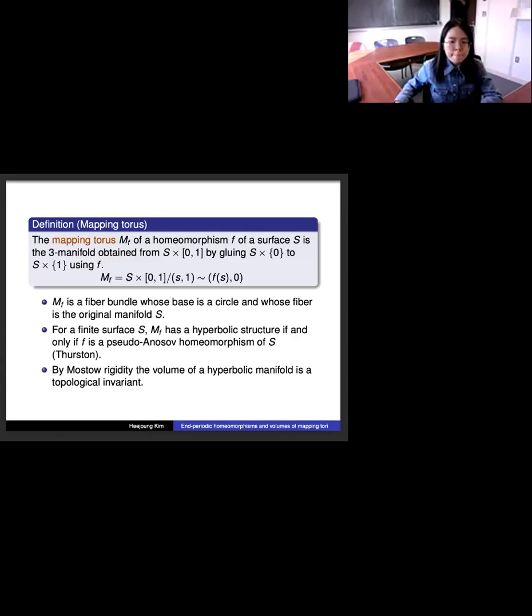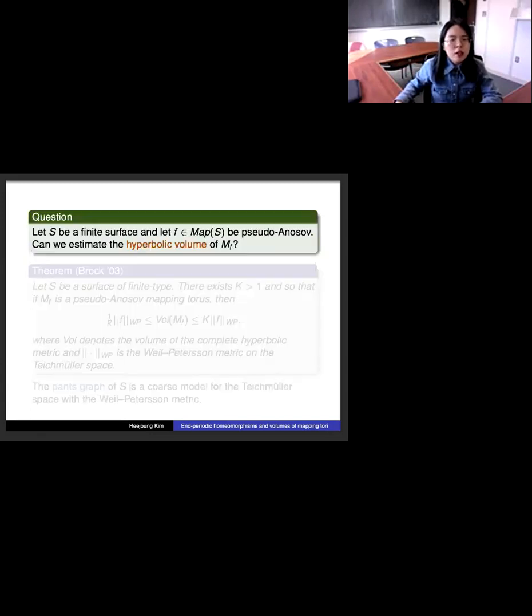So we defined a mapping torus. Then one might ask, for a finite type surface and a pseudo-Anosov element f, whether we can estimate the volume of the mapping torus.